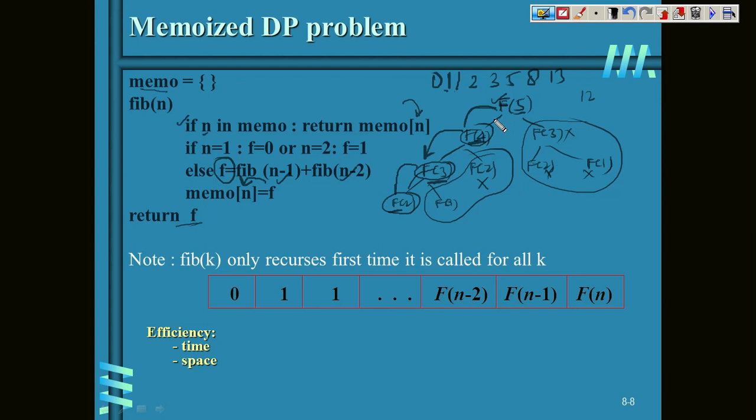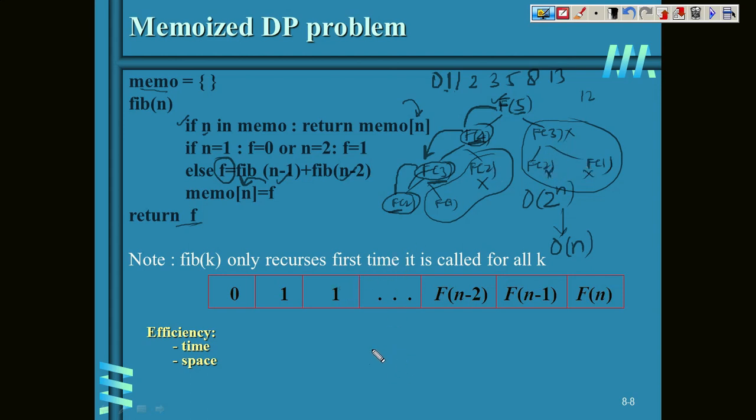Earlier, when we were talking about this approach, the number of calls, or you can say the amount of effort, was exponential, but now you can see that you are going to make a call for every number only once. That means it will require only big O of n, because all these calls will be constant, since the value already exists here.